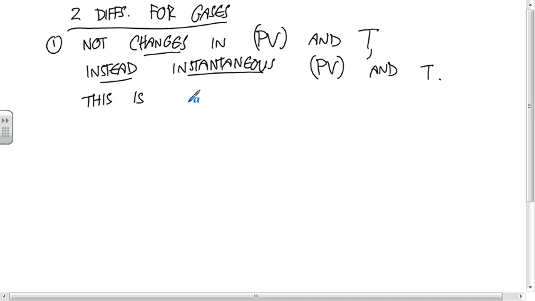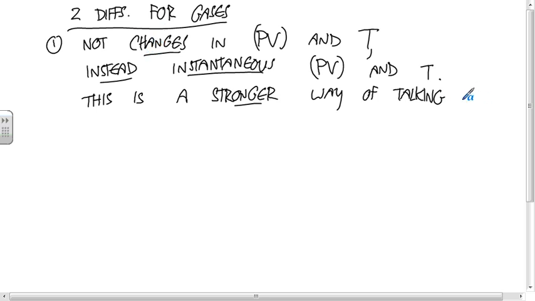This is a stronger statement, a stronger way of talking about it. We're going to know more about thermal expansion for gases than we knew for solids and liquids.